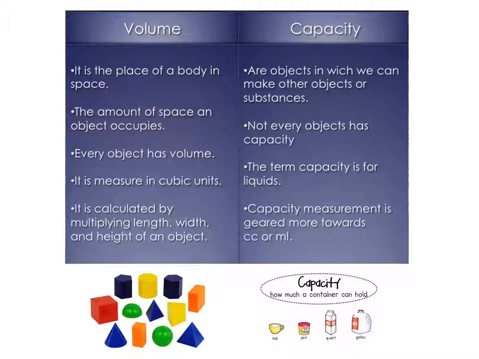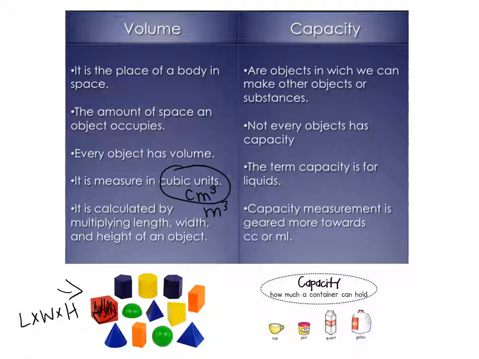And so each one of these 3D objects at the bottom takes up a certain amount of space, and we could find the area of the base of that object multiplied by the height to figure out how much space it takes up. It's usually measured in cubic units, so centimeters cubed, because it's a 3D object, right? Or meters cubed. Okay. Usually it follows some type of formula like length times width times height.